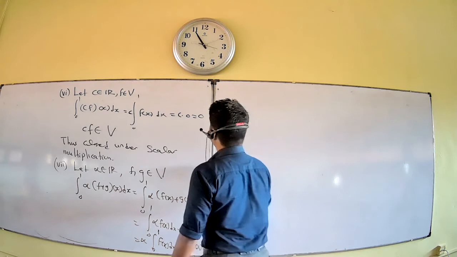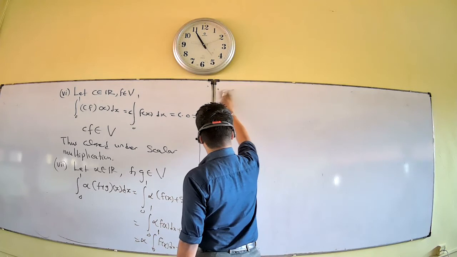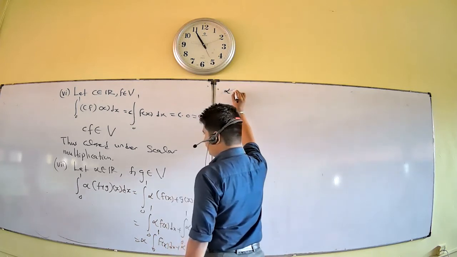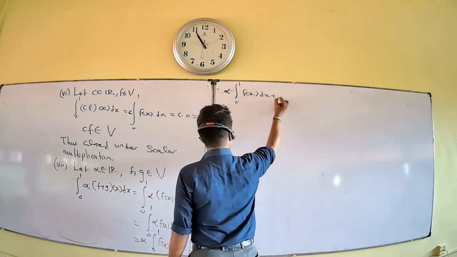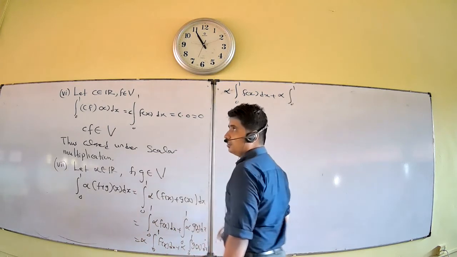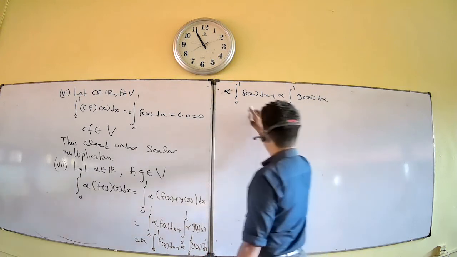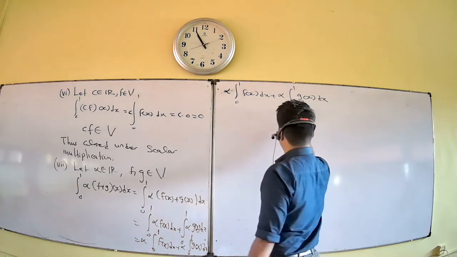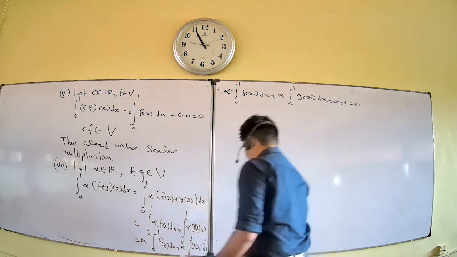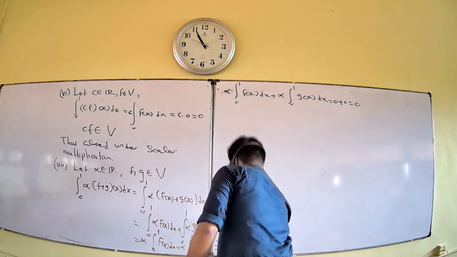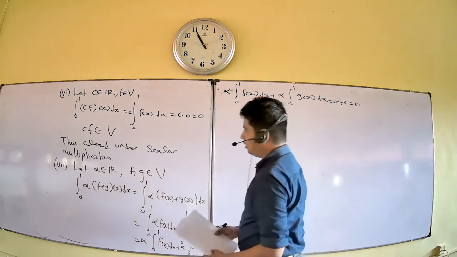So this one is equal to 0, no? Therefore you check this one also. Alpha times the integral from 0 to 1 of f(x) dx plus alpha times the integral from 0 to 1 of g(x) dx. So f belongs to V, no? Then this one 0, this one 0, this one also 0 plus 0, 0. Therefore this one is also 0, this one also 0, and this one also 0. Therefore this one equals this one. It is axiom number 7.